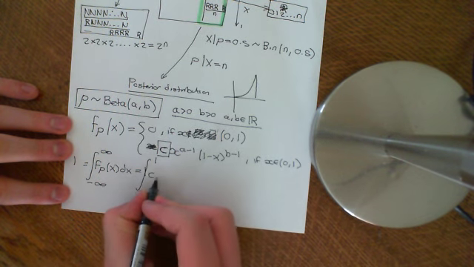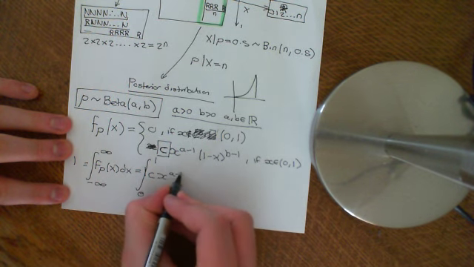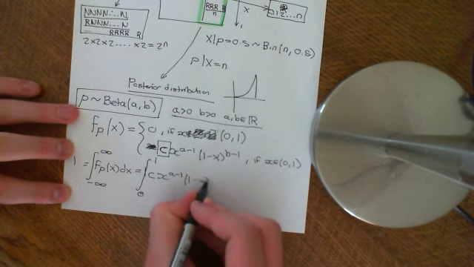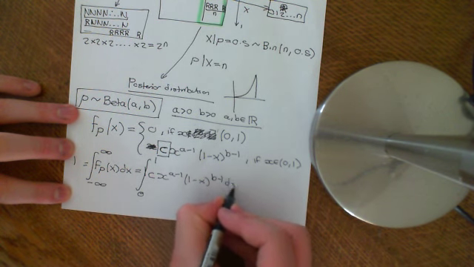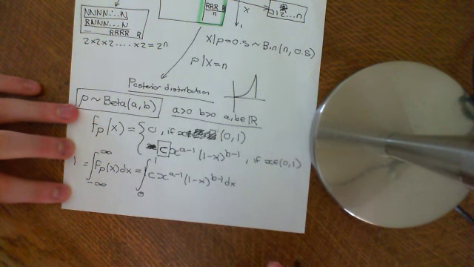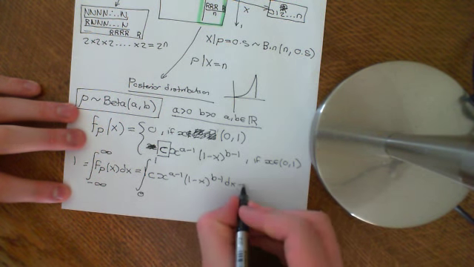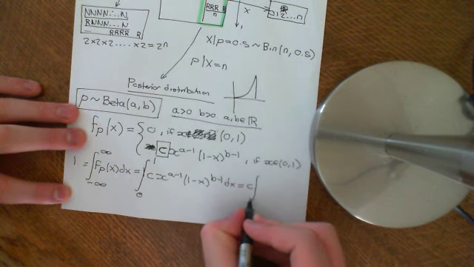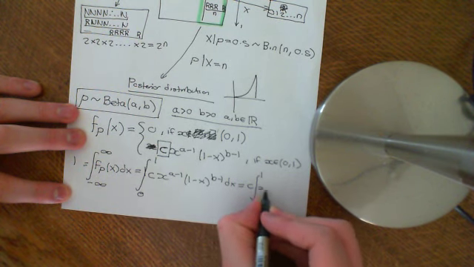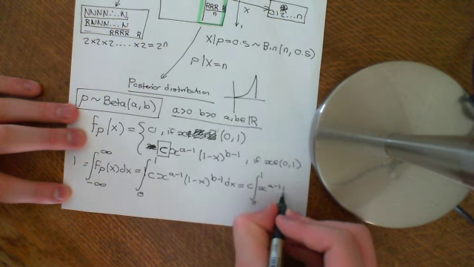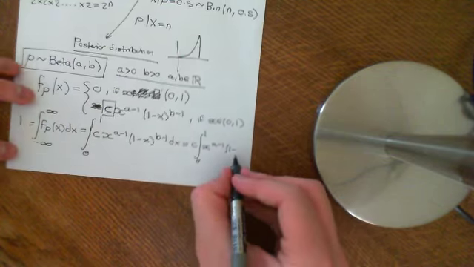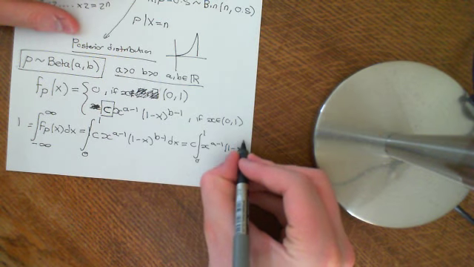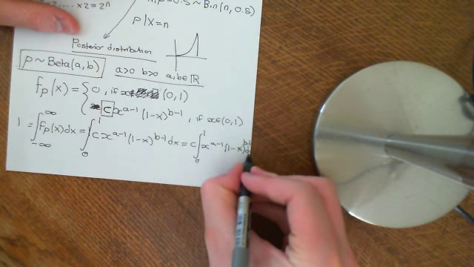So we'll put in that: c times x to the power of a minus 1, 1 minus x to the power of b minus 1, dx. Okay? Right, so pull out the normalizing constant. This becomes c times the integral from 0 to 1 of x to the power of a minus 1, 1 minus x to the power of b minus 1, dx. Oh dear, that's a bit messy.